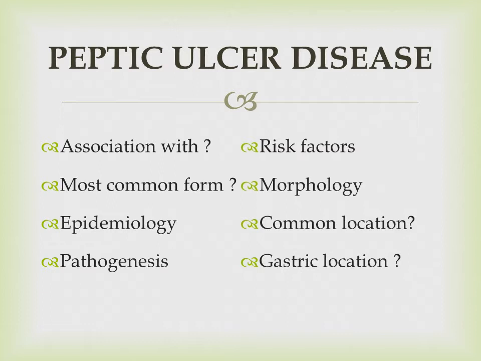Alcohol is important. Psychological stress and depression can cause peptic ulcer disease. Zollinger-Ellison syndrome is very important, and it can cause widespread ulceration, especially in the stomach, duodenum, and also in the jejunum. Certain viral infections, for example cytomegalovirus and herpes simplex virus, can also lead to the formation of peptic ulcer disease.